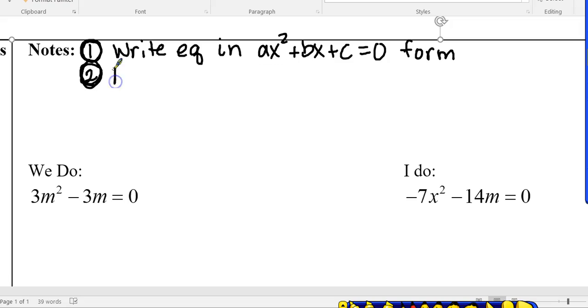Step 2, as always, when we factor, factor out the GCF, the greatest common factor. Make it easier on yourself.